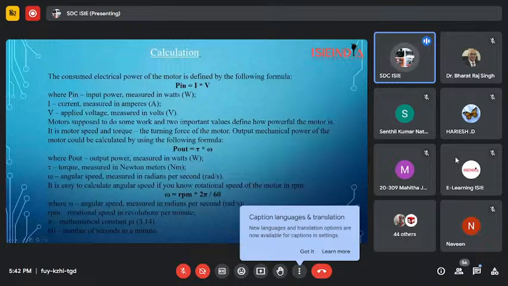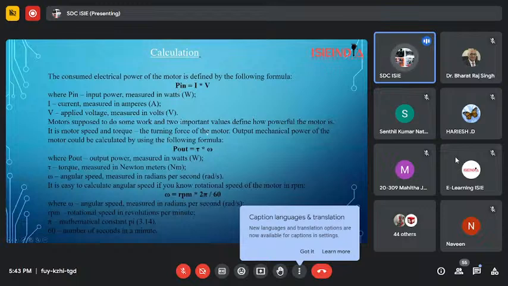The input power is measured in watts, current is measured in amps, and voltage V applied is measured in volts. So this is current flowing through the motor, and voltage V applied to the motor, and it will give us the power.